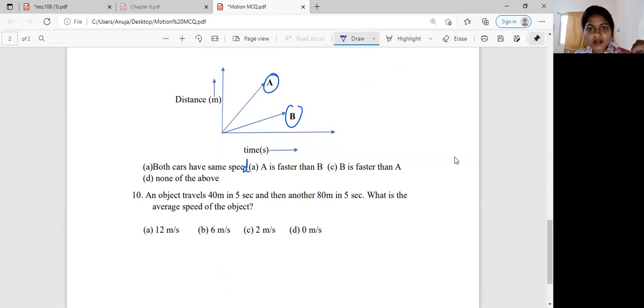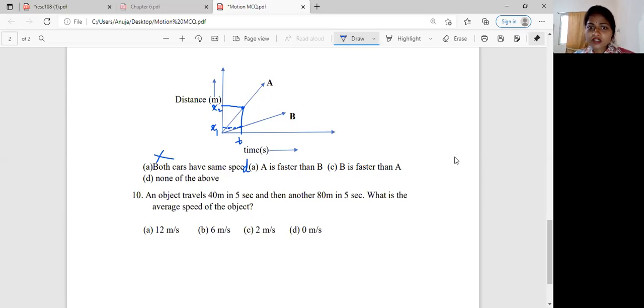Both cars have the same speed. So yes, we can predict from the graph itself that the cars cannot have the same speed. If we draw lines at a particular time t, they are covering different distances. Object A is covering, let's say, x1, and object B is covering x2, so they are covering different distances, and of course they cannot have the same speed.